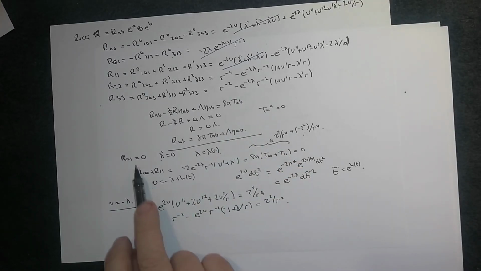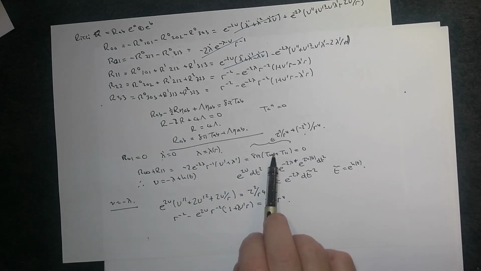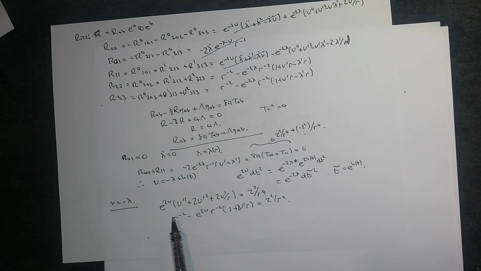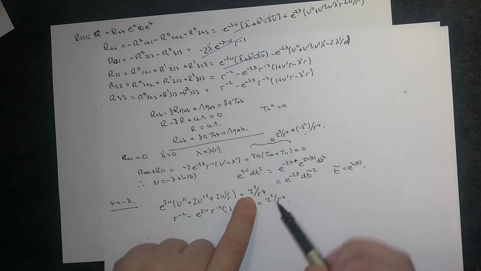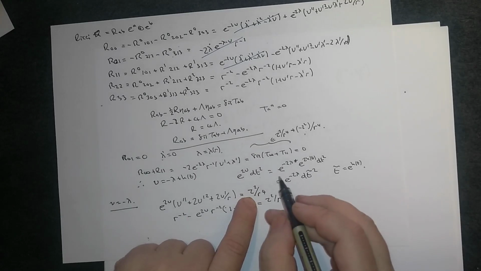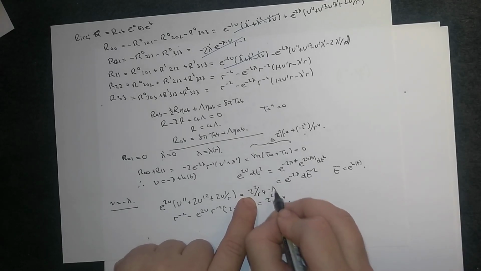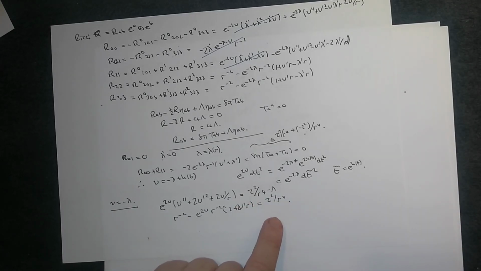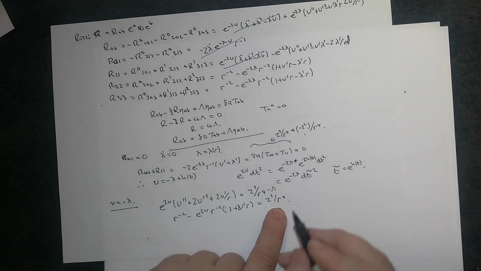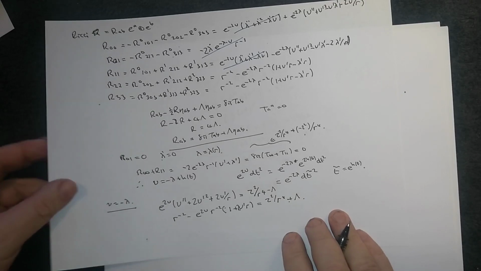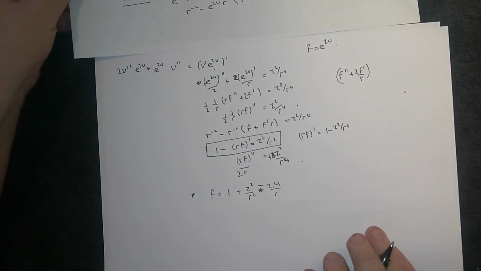So for the 0, 0 term, those things cancel off there, so that wasn't a problem. This thing, I should have a minus lambda here, and this thing should have plus lambda there.